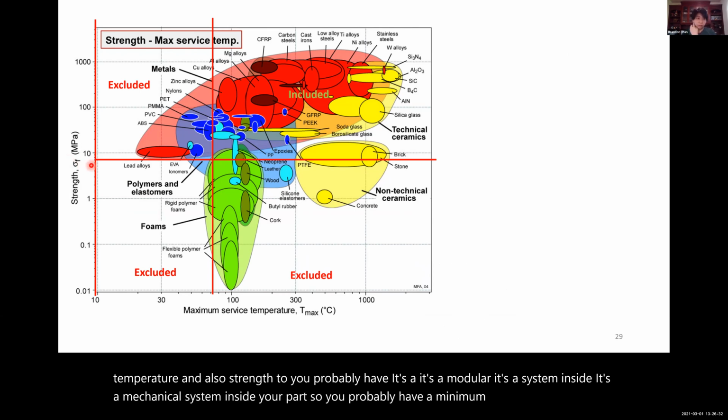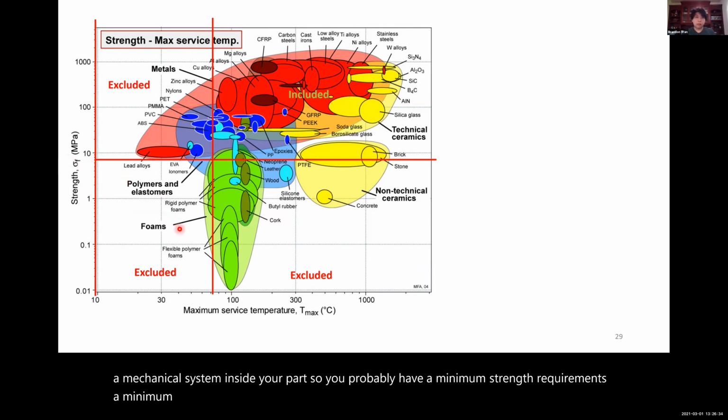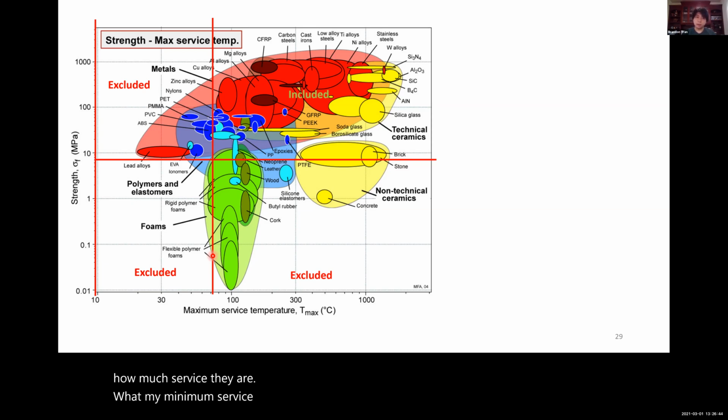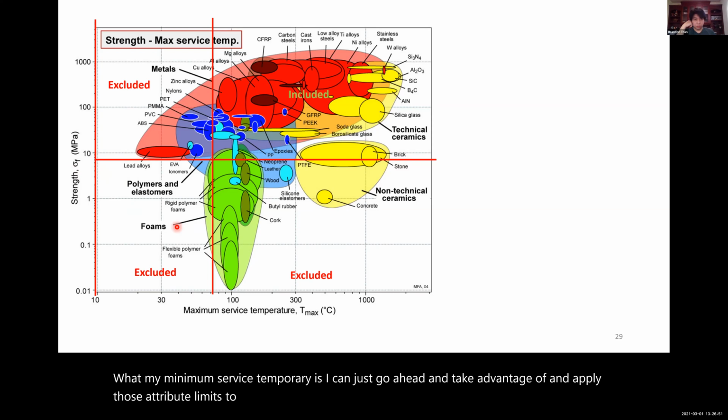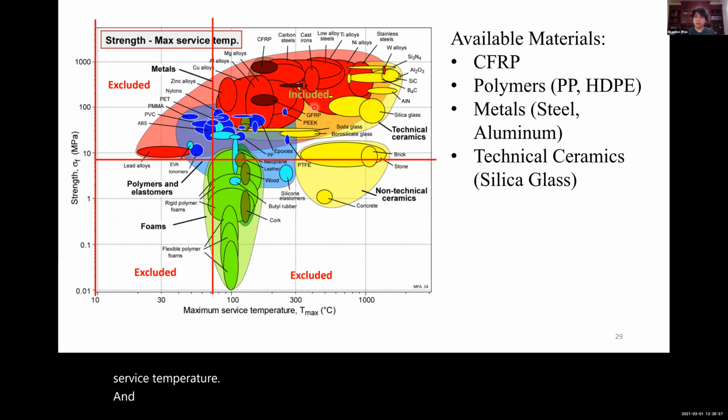Say my minimum strength is 7 megapascals, but since I'm already given a limitation on my minimum surface temperature, I can just go ahead and take advantage of that and apply those attribute limits to this Ashby plot right here, which is strength versus maximum surface temperature, and then pick a set of available materials within the valid regions.